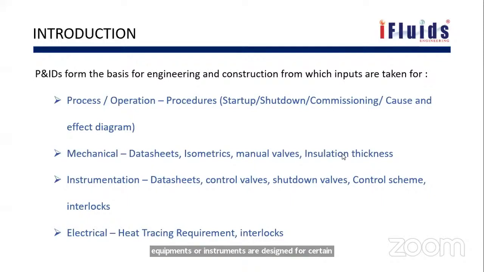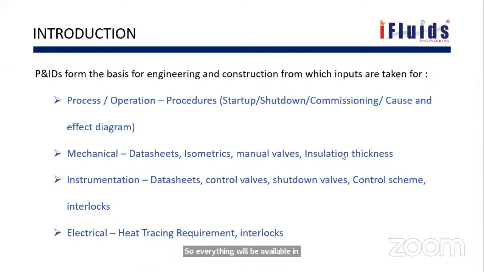These are given in P&IDs, and of course a detailed HMB will be available, which has much more details. What are the control valves? What are the shutdown valves? Shutdown valves are linked with the cause and effect diagram. And the control scheme: how the flow is controlled, how the pressure is controlled. Everything will be available in the P&ID.